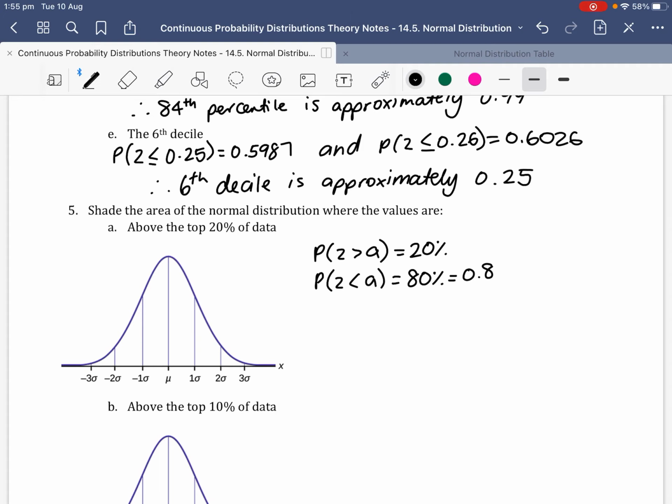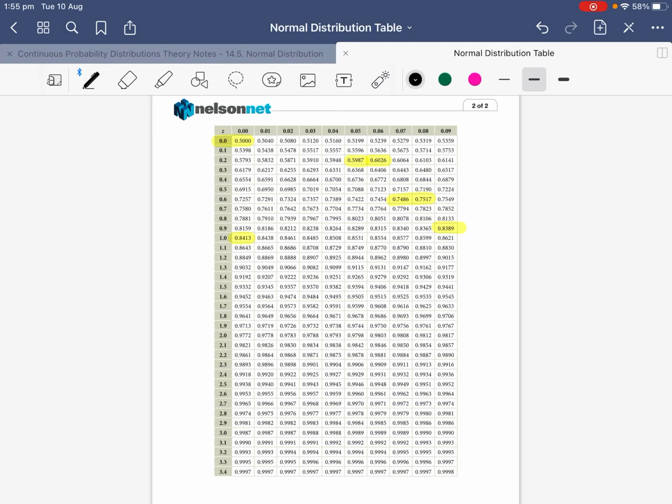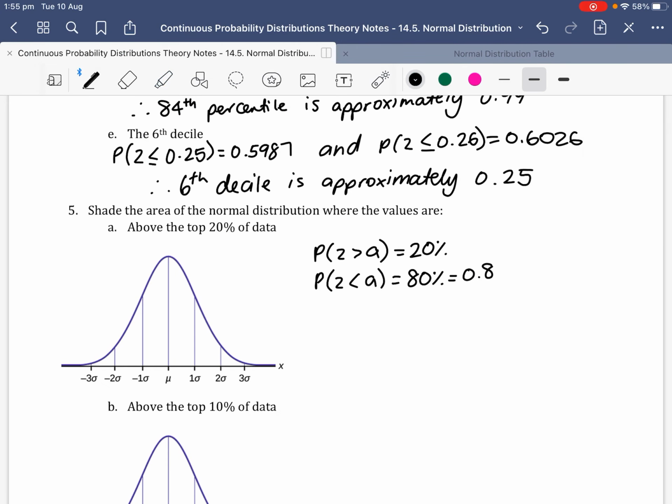So on our table, we're trying to find 0.8. So 0.8 is here and here. So we have 0.84 and 0.85 as our two options.